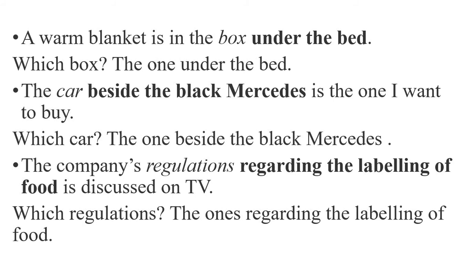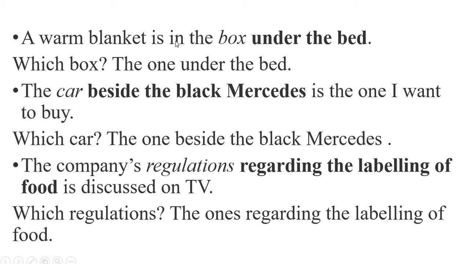A warm blanket is in the box under the bed. This is the first sentence. A warm blanket is my subject, and here is my verb. In the box under the bed. I'm interested here in under the bed.